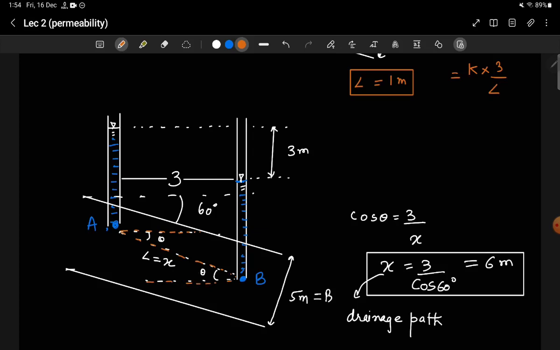Now we know that from A to B, let me show you this triangle. ये हमारा ट्रायंगल है, ये कहीं पॉइंट A है और ये पॉइंट आपका B है. X which is equal to L, ये हमारी एक्चुअल डिस्चार्ज पाथ है जो फॉर्मूला में हमें यहाँ यूज करना है.